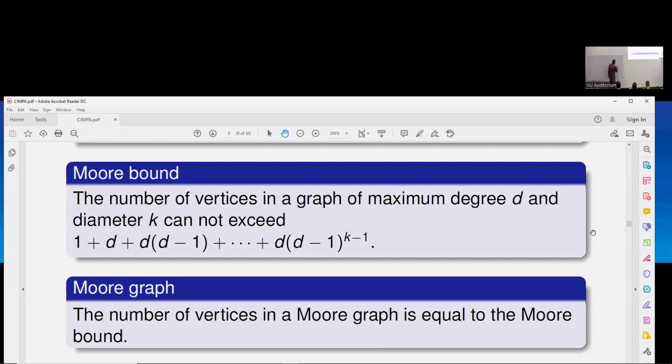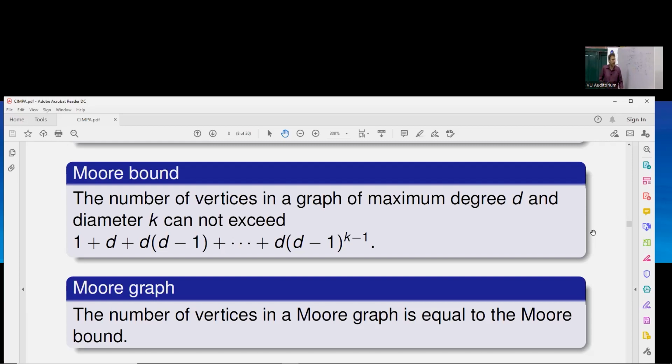So let's say the Moore bound often has the notation M(d,k). The number of vertices of a graph with given degree and diameter is at most M(d,k), which is the Moore bound. But if we prove that there is no way for certain d and k to reach the Moore bound, then we actually prove that N(d,k) is smaller than M(d,k).